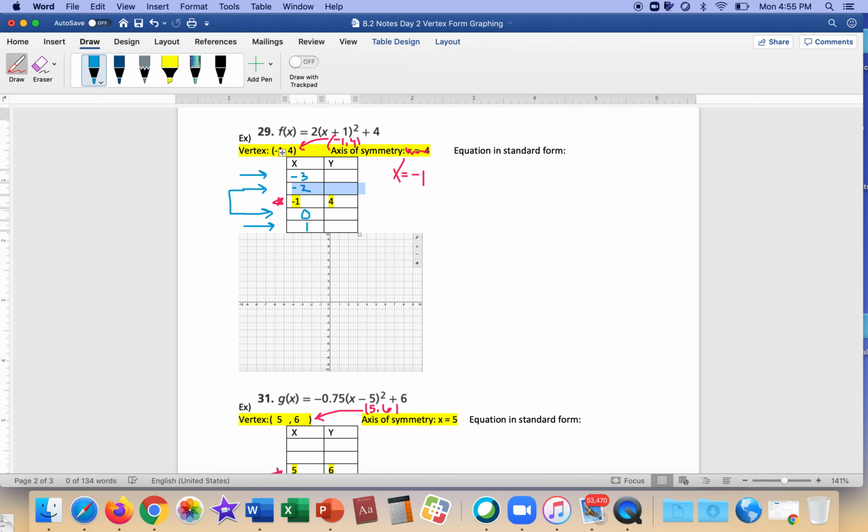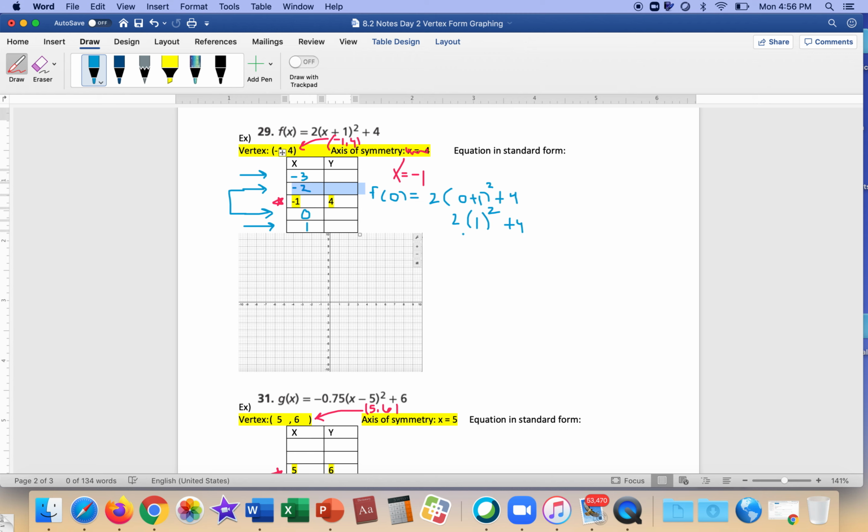So I'm just going to plug in one of them. Now you need to be careful. If I plug in 0, it doesn't just become 4. Let's practice function notation. So f of 0, that means I'm going to plug in 0, is equal to 2 times (0 plus 1) squared plus 4. Now inside we get 0 plus 1 is 1. We're just doing order of operations, so be careful with your order of operations.